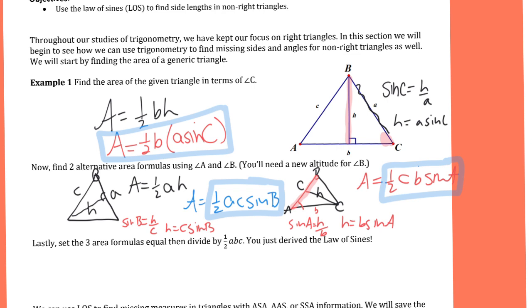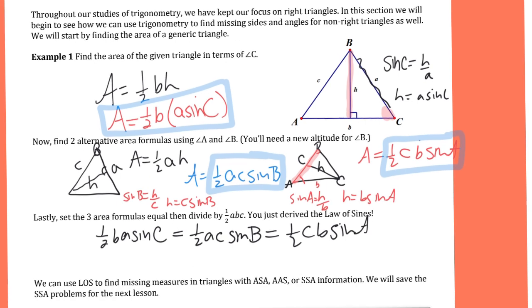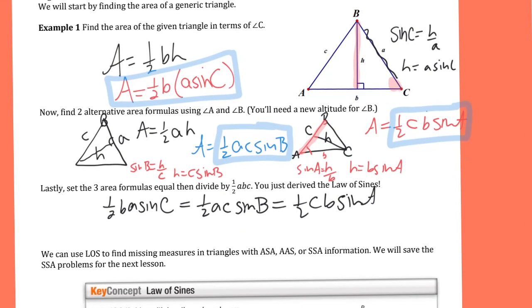So if you set them all equal, area is equal to, from the top equation, 1/2 BA sine of C. The second one is 1/2 AC sine of B. And from the third equation, 1/2 CB sine of A. You're not going to have to do this. We're saying you can turn a triangle on any side and do 1/2 times base times height. Yes, you can do trigonometry to express the height in terms of the sine of the angle across from it.